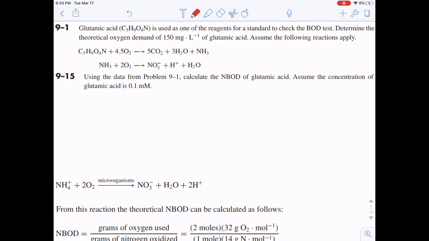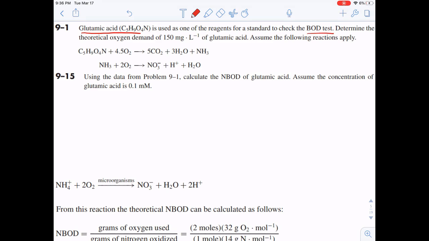All right. I received some comments regarding how we can solve problems 9-1 and 9-15. This is about the calculation for the BOD and also the theoretical BOD. If we look at problem 9-1, it is telling us that we're dealing with glutamic acid.